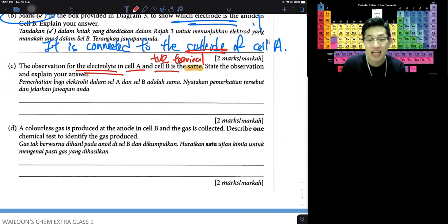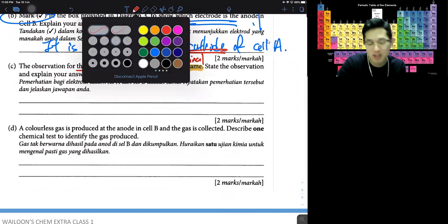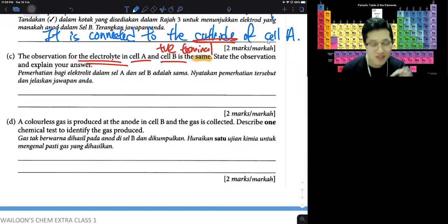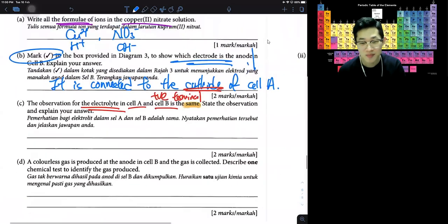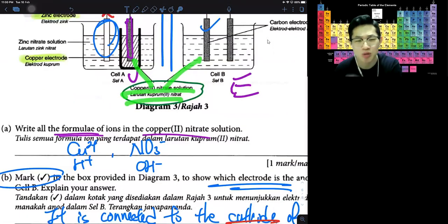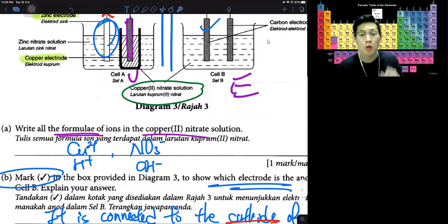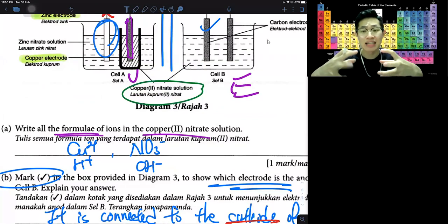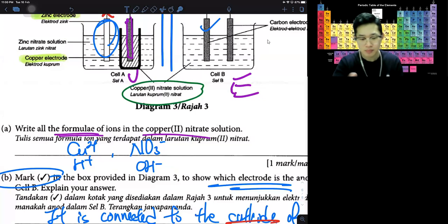The observation for the electrolyte, they are the same. State the observation and explain your answer. What is the observation for the electrolyte? Both cells have copper 2 nitrate solution. When they ask about the solution, they want you to tell whether the color becomes darker or lighter.